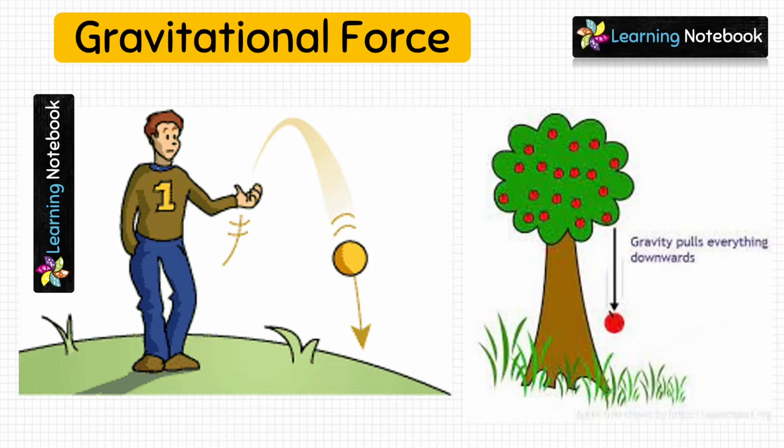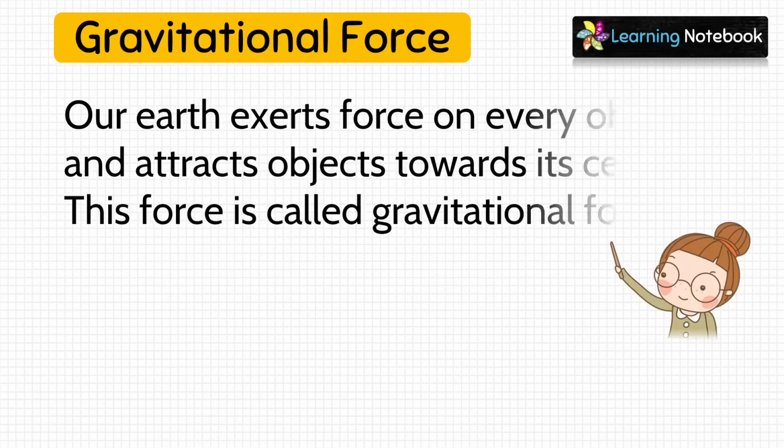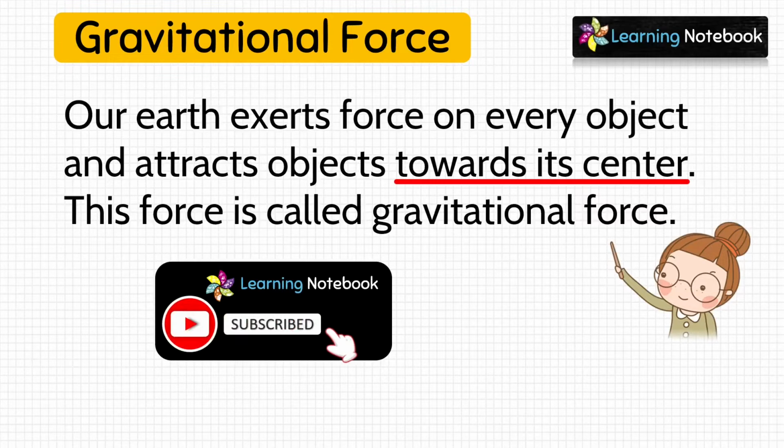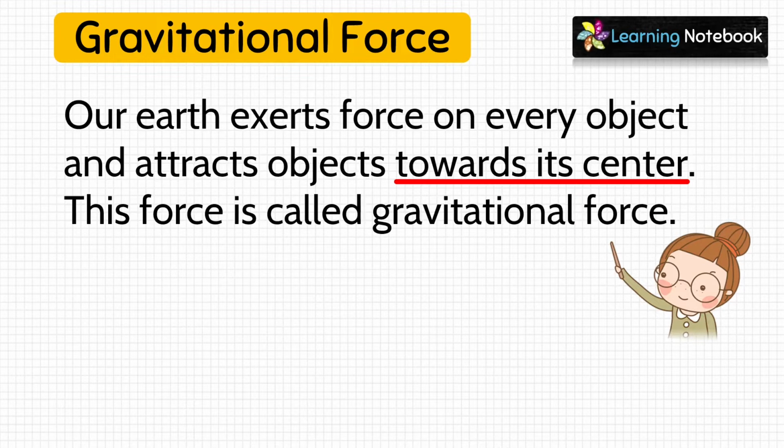This is due to the force which Earth exerts on every object. So this type of force is called gravitational force. So by definition, our Earth exerts force on every object and attracts the objects towards its center. This force is called gravitational force.